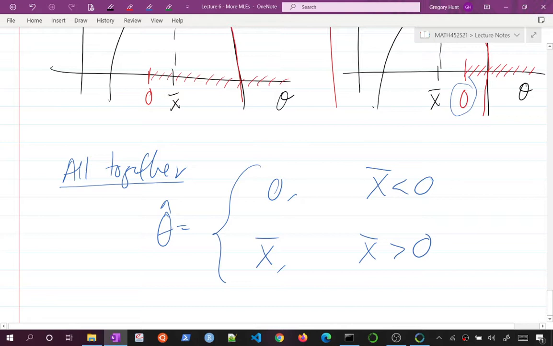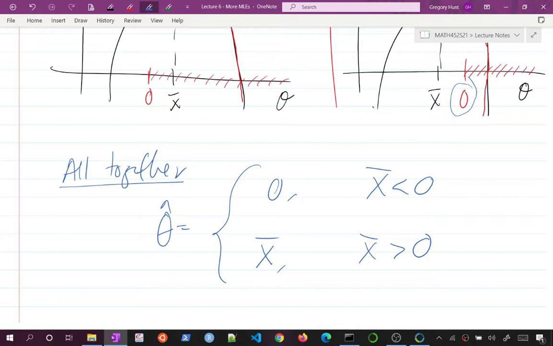If that mean is positive, this is my second case here, I'm going to say a good estimate of theta is that mean. The data is a good estimate of the population mean, and if the sample mean is positive, the population mean has to be positive, everything's good.